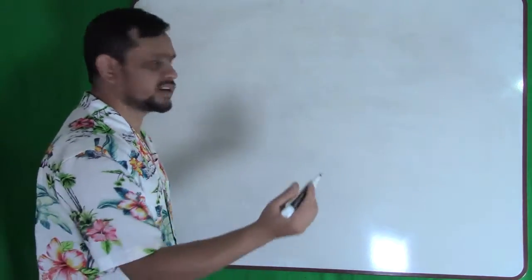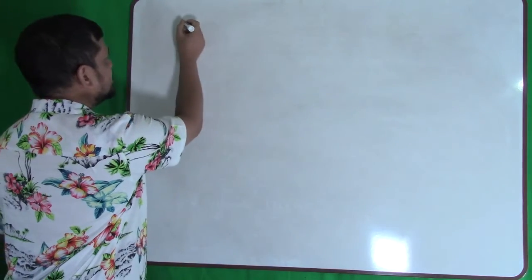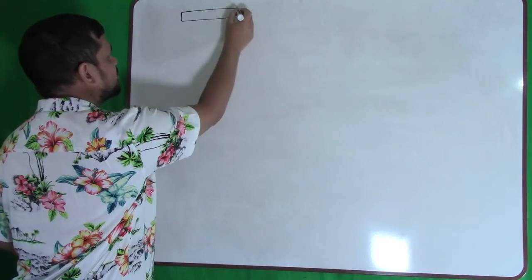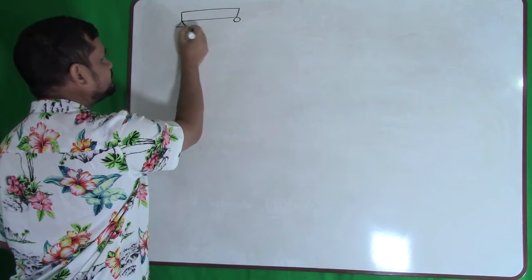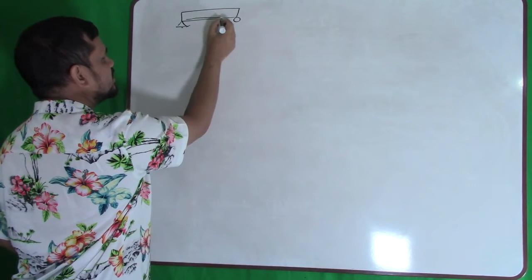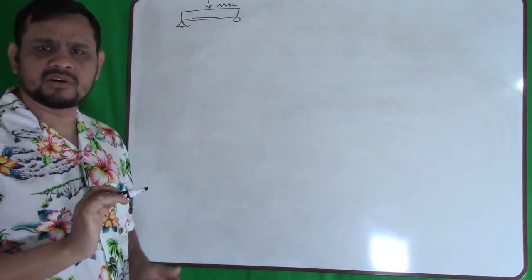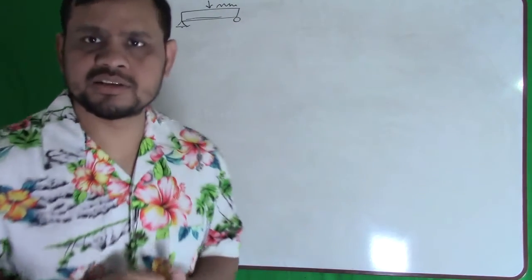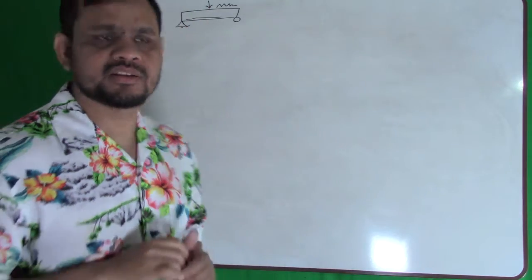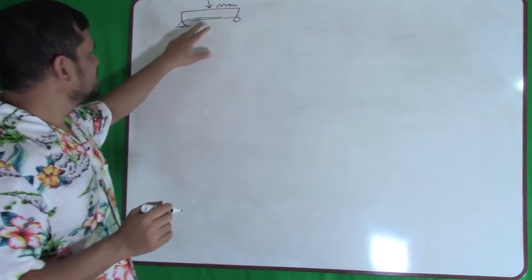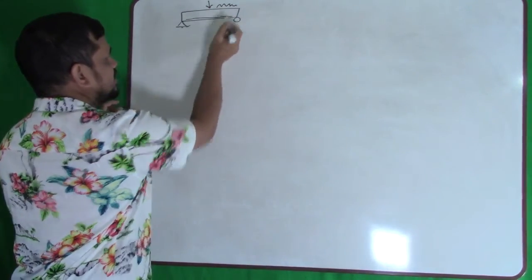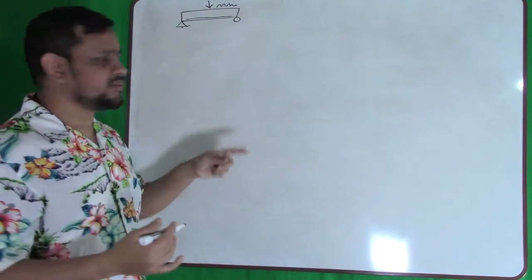So let us start with a beam. Say there is a reinforced concrete beam here. There's some reinforcement here. If I apply some kind of load, whatever my load is, hopefully you can see my beam. Yes, you can see the beam. If I apply different kinds of load, what will happen?